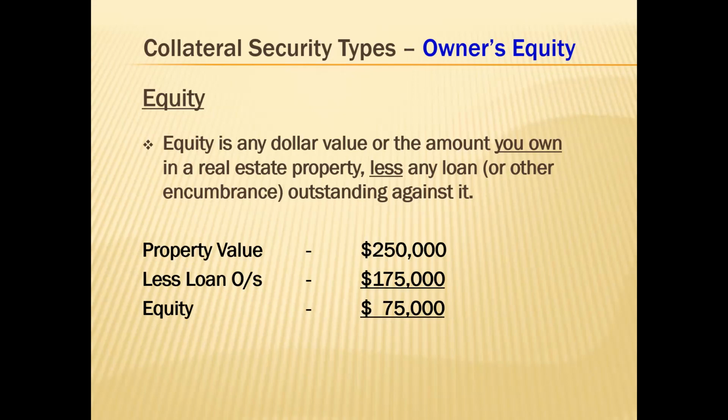So an encumbrance again can be a real property tax, or in the case of condos, you'll have condo fees, because they take legal precedence as well, like real property tax. It could be a second mortgage or further charge at another financial institution on that property. And fourthly, it could also be a judgment outstanding against the owners of the property.